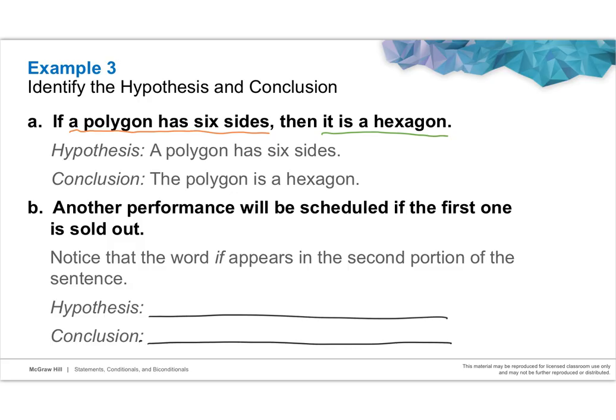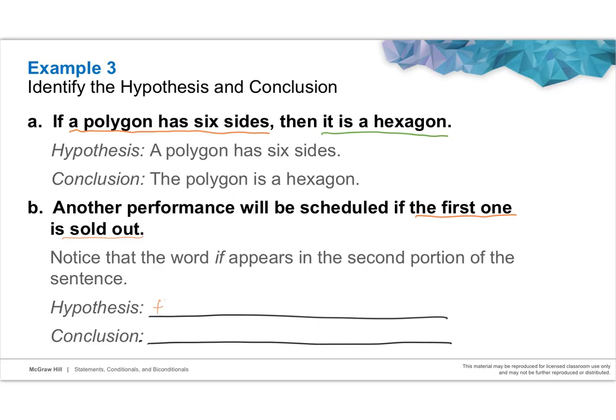Statement B, another performance will be scheduled if the first one is sold out. So we're going to notice that the if actually falls further into the sentence, but the part of the sentence that follows if, which says the first one is sold out, is our hypothesis. Make sure you also relate to what one is referring to, and that means the first performance.